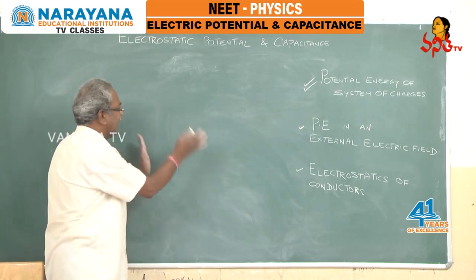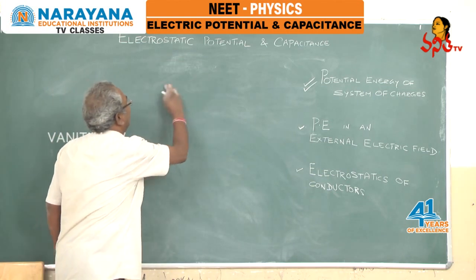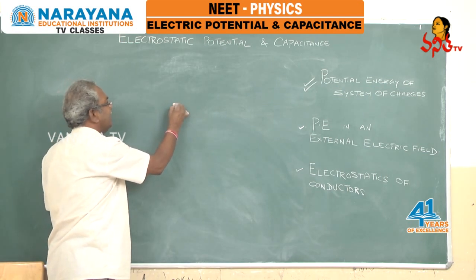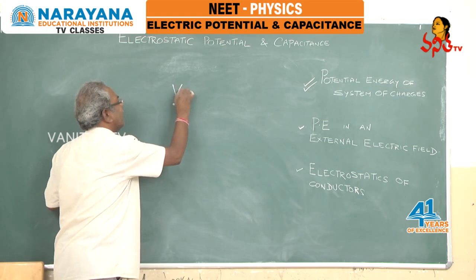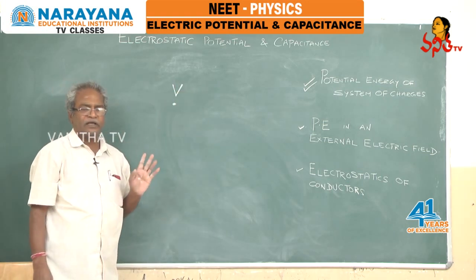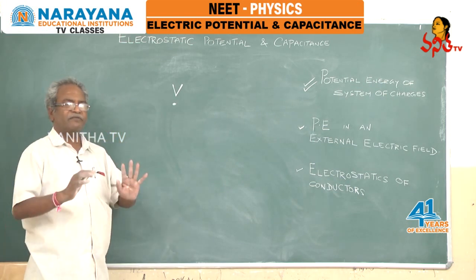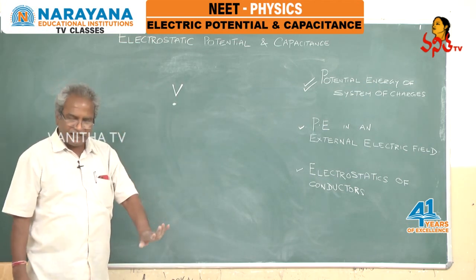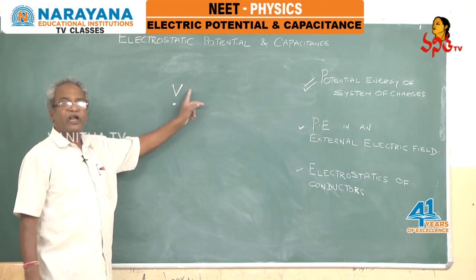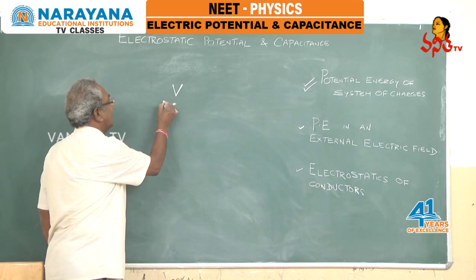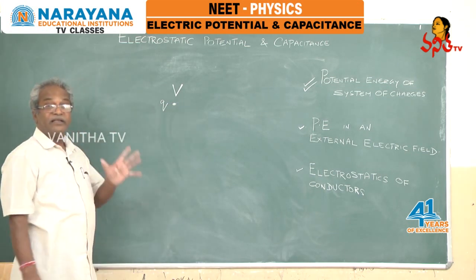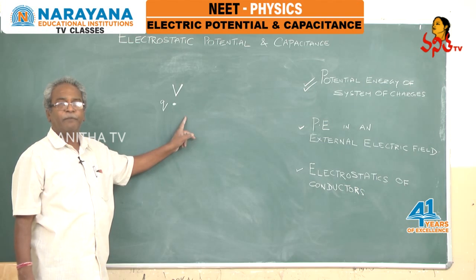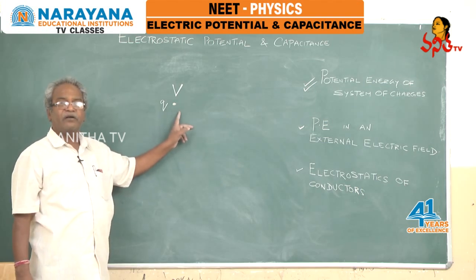Now, suppose there is an external electric field, and because of this external electric field there is a point here with potential V. Because of an already existing electric field, because of some other agent charges, the electric field is already present there, and in that field there is a point of electric potential V. Now, if a charge Q is present here, in the external electric field of electric potential V, what is the potential energy of this particular charge?